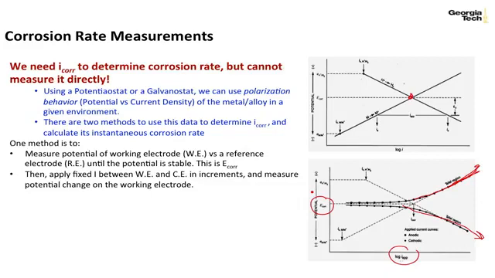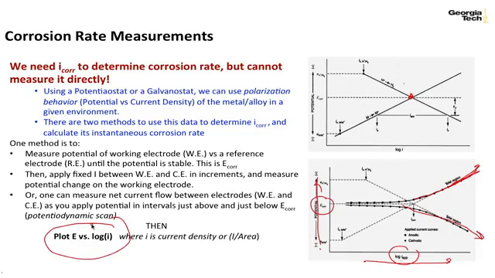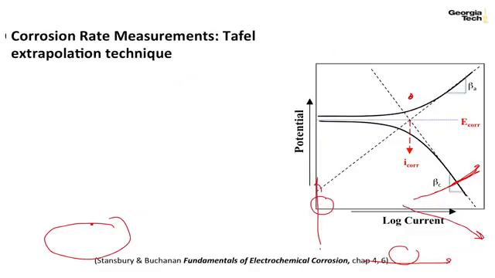You can do that either by controlling potential and measuring current, or by applying current and measuring potential. In either case, you plot potential versus log of current density, and that gives you the linear region or Tafel region that you can then extrapolate.